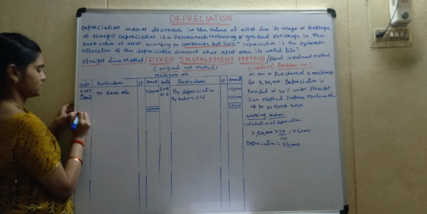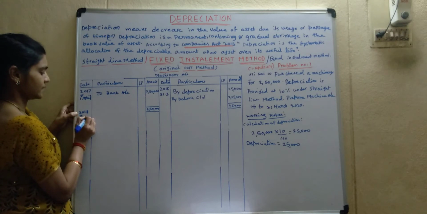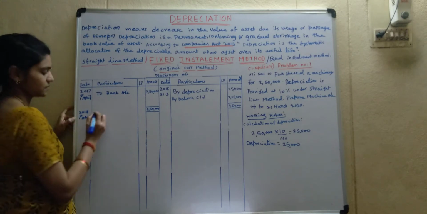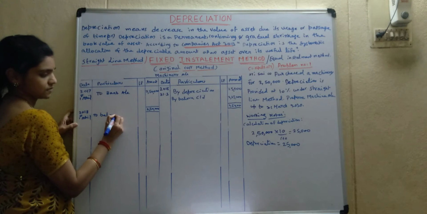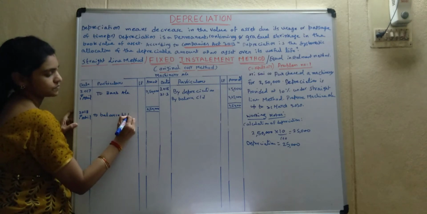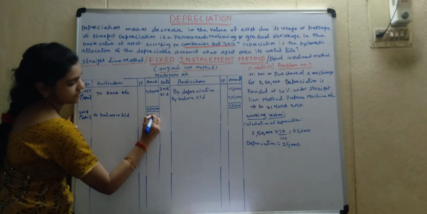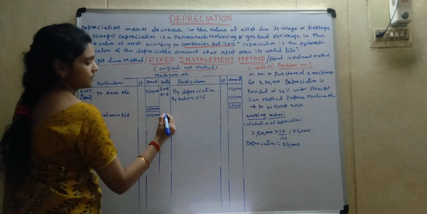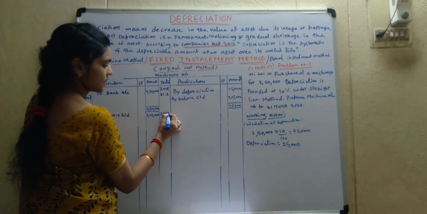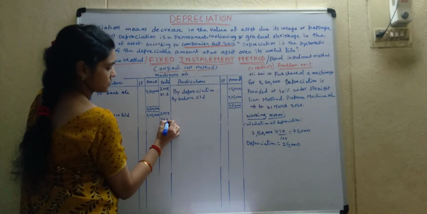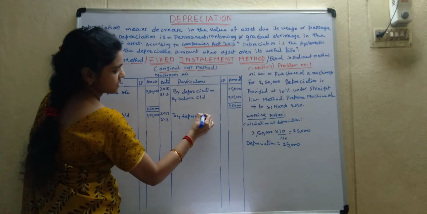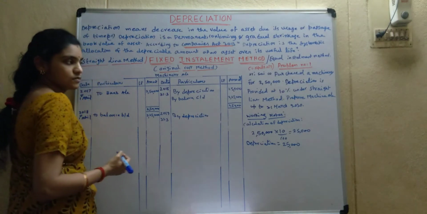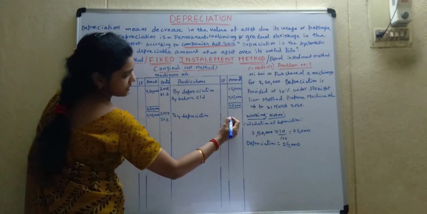Again on 1st April 2018, what should I write here? To balance brought down, 2,25,000. Next, in 2019 again we charge depreciation. By depreciation, as it is the fixed installment method, we write the same 25,000 here.